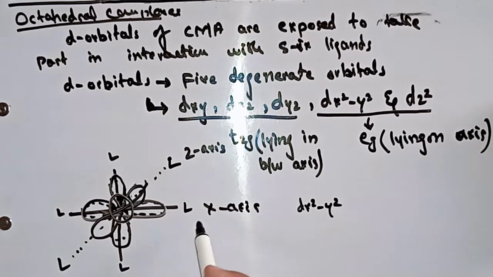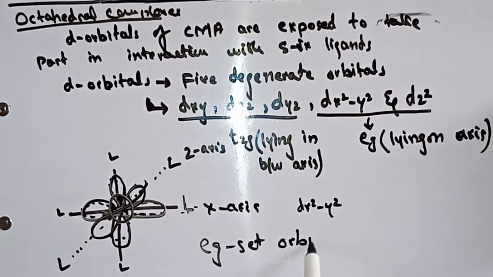Let's suppose the ligands approach along the x-axis, y-axis, and z-axis in xyz coordination. You can clearly see that the interaction of the ligands with the eg set of orbitals is very effective.